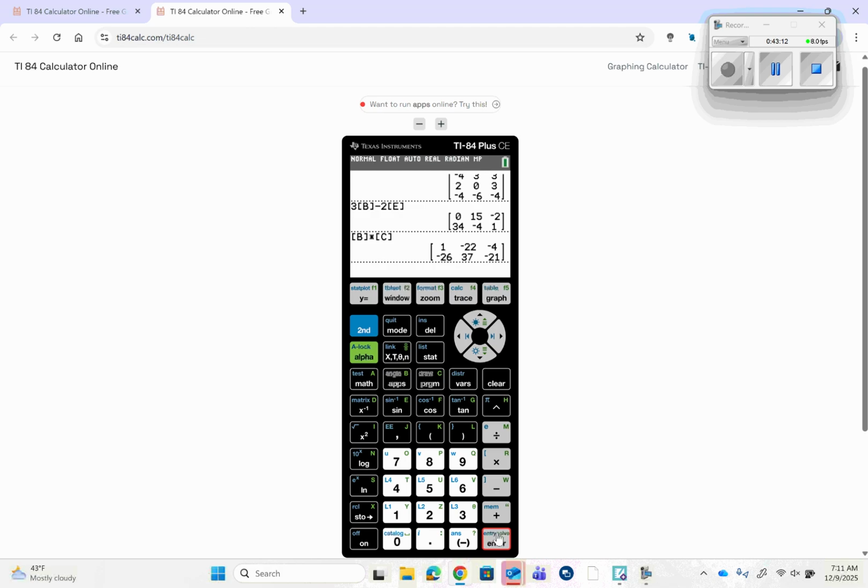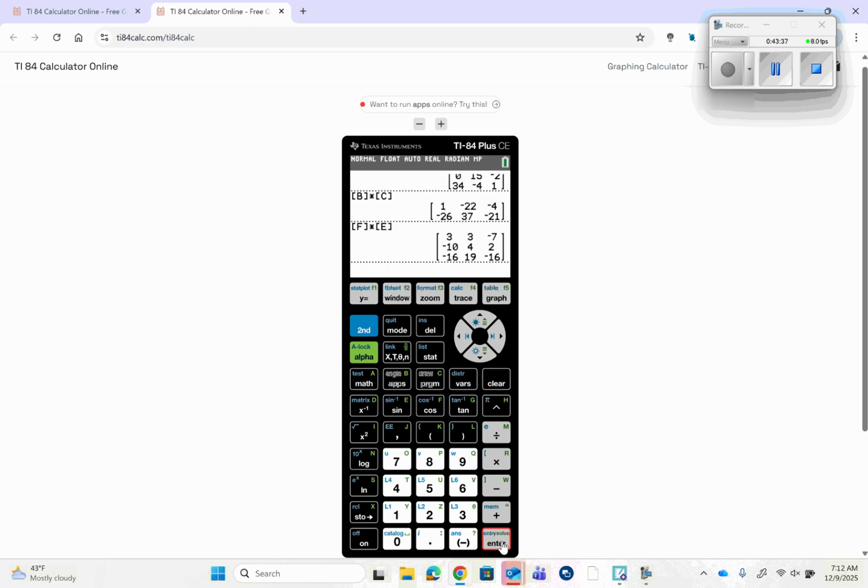Number 65, we want R times Q. So R is number 6 times Q, which is number 5. And there's our answer for R times Q, which is 65.